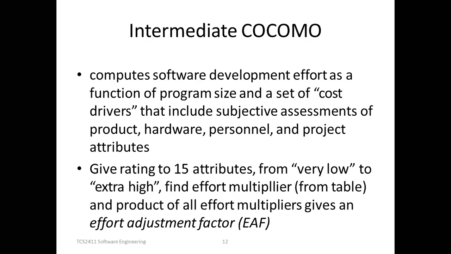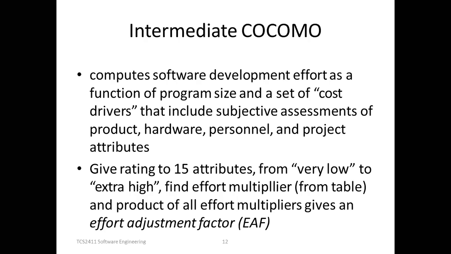And every attribute, if I am considering the first attribute, has a scale from very low to extra high, and that defines the effort multiplier factor, which is called EAF, the effort adjustment factor.